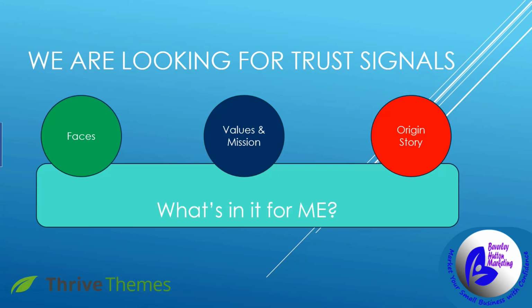We have to make sure that we don't do it like me messaging, because your visitors are wondering, what's in it for me? How can I benefit from this? This is also true on the About page, but to a lesser degree. So the About page is the most, let's say, egocentric page you have. But still, we have to keep in mind the visitor is interested in these things and wants the trust signal because they're wondering what's in it for me.